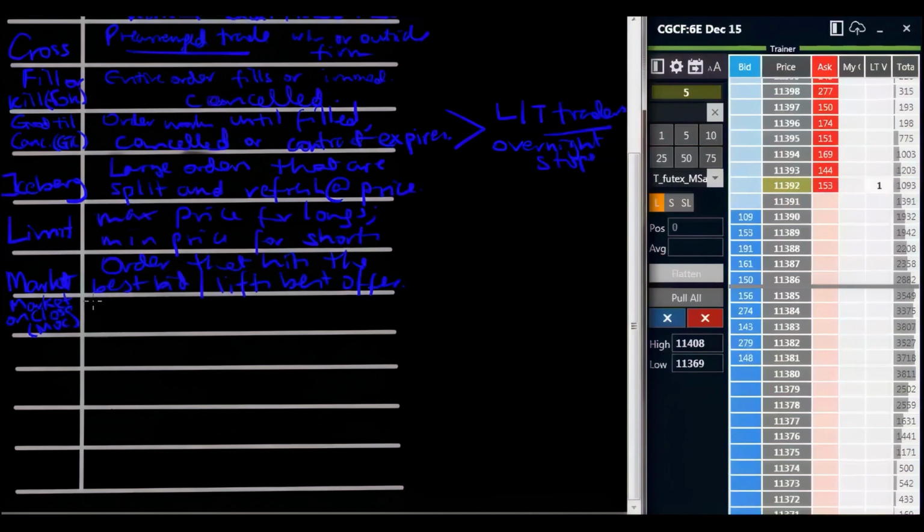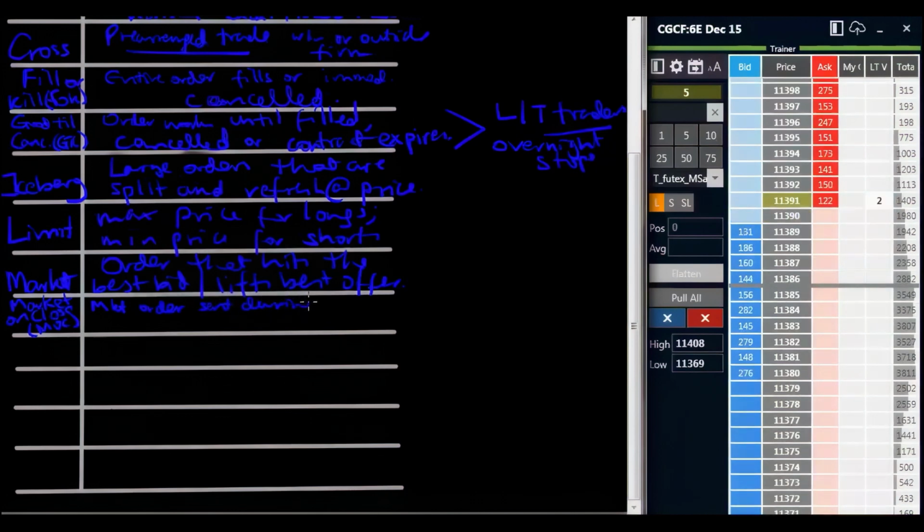So, like we just said, these are market orders, not limits. They're market orders that are sent during the closing auction of the current business day.